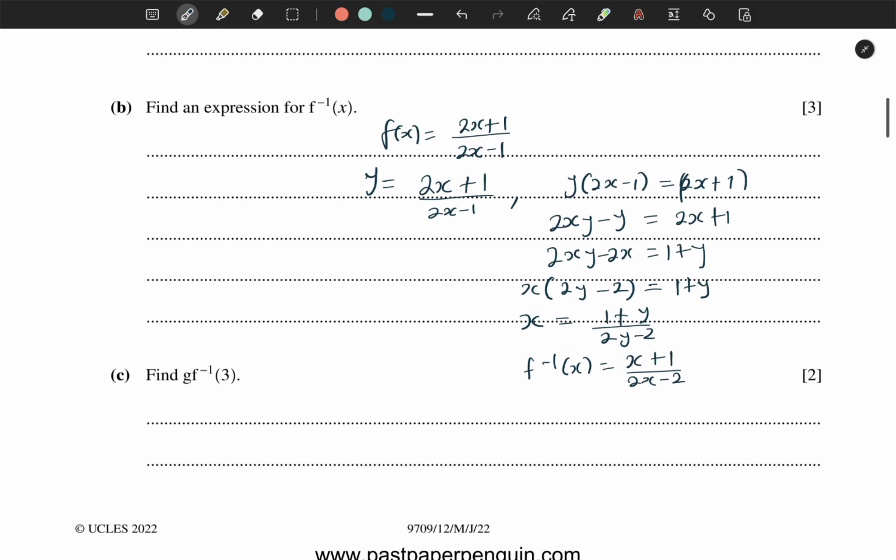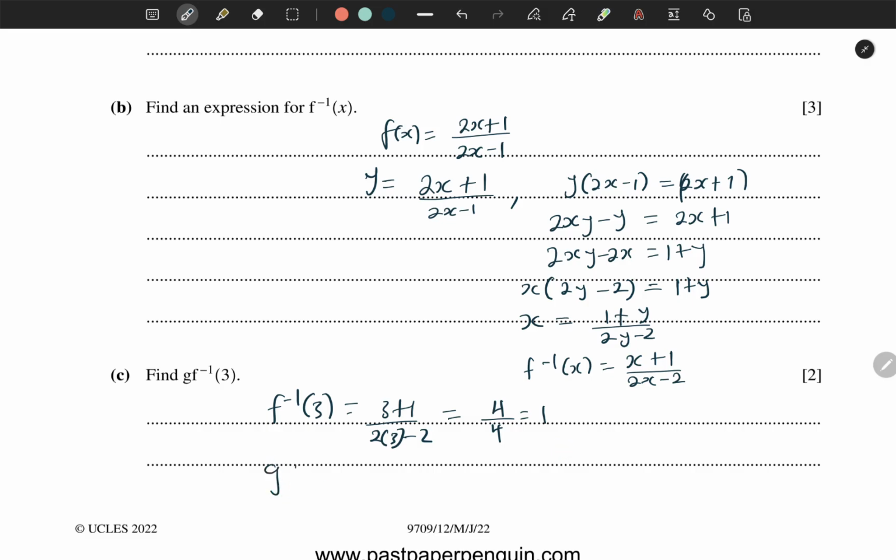Now the next thing is to find g inverse of 3. Since we've gotten the inverse of f to be this, f inverse of 3 will be 3 plus 1 over 2 times 3 minus 2. That is 4 divided by 4, and that will give us 1.